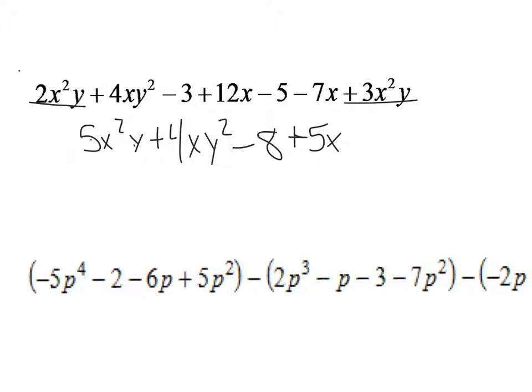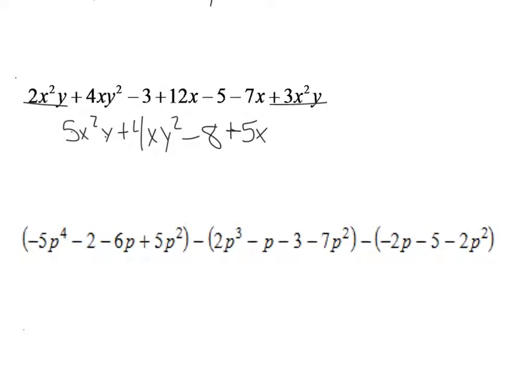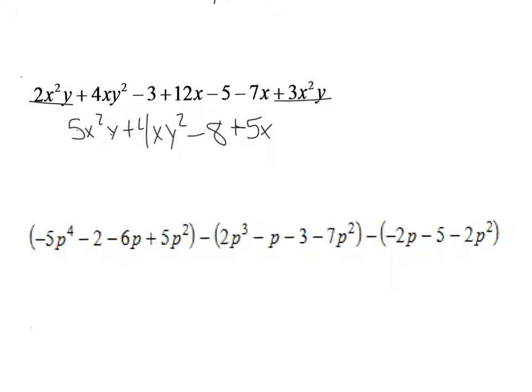Okay, so now let's look at the last one. This is kind of my challenge one for everyone. I'm not only subtracting one, I'm actually subtracting two different terms from this. So I'd have to distribute this negative to every last one, and that's what really makes this one so difficult.